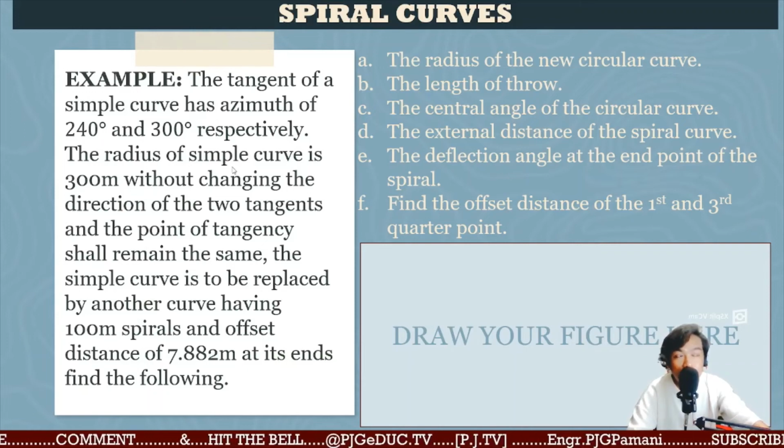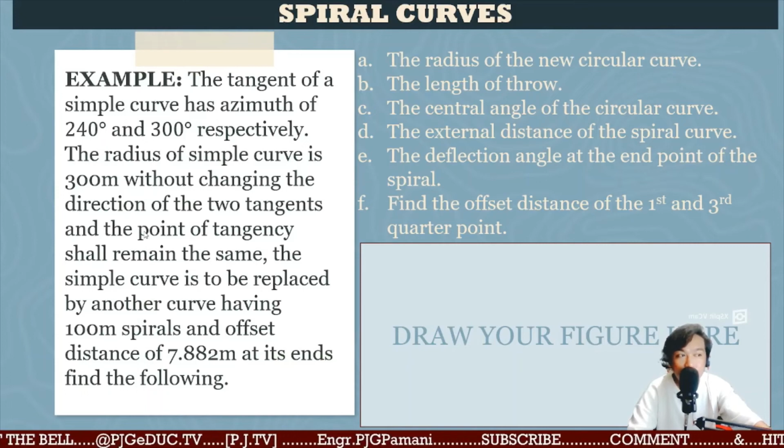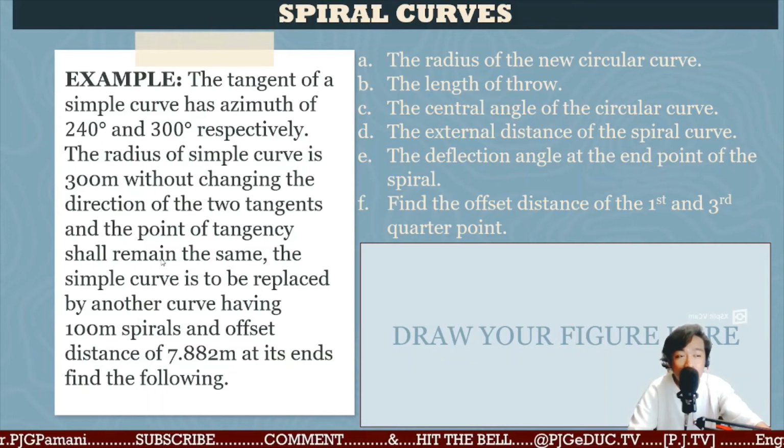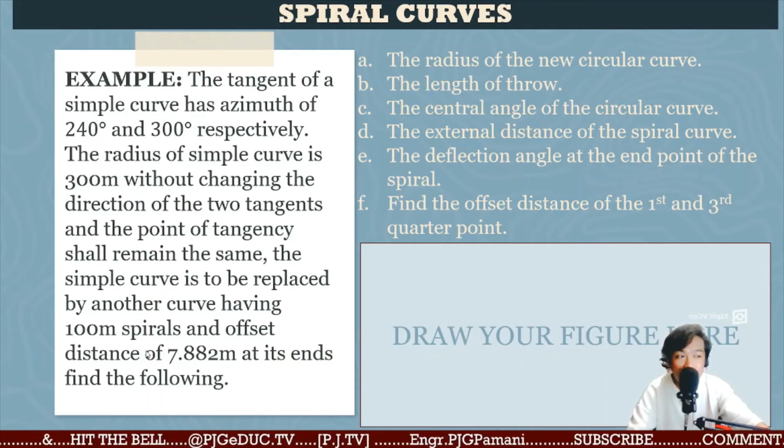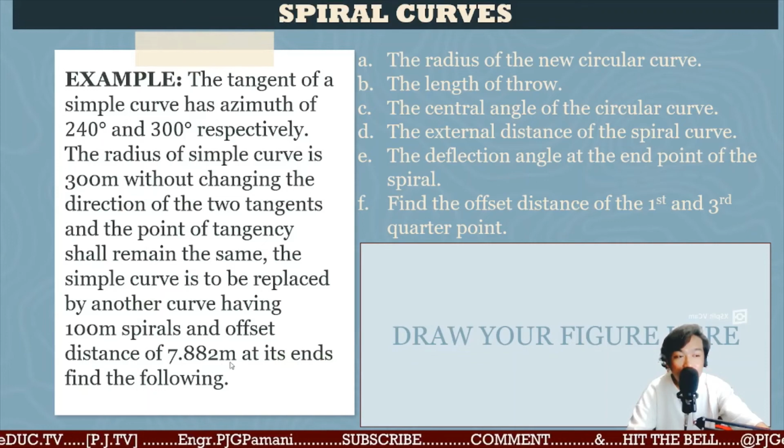The radius of the simple curve is 300 meters. Without changing the direction of the two tangents, and the point of the tangent C shall remain the same, the simple curve is to be replaced by another curve having 100 meter spirals and an offset distance of 7.882 meters.